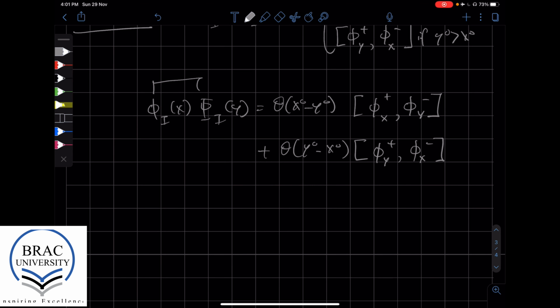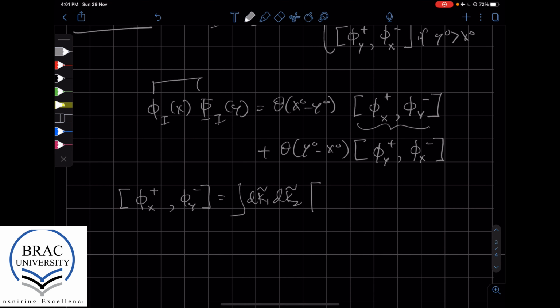Now, I've claimed that this is just a C number. It's not an operator. But what is it? That's very easy to work out. We just take the commutator. So let's work this out: phi(x)+, phi(y)-. We should get two integrals, dk1 tilde and dk2 tilde.